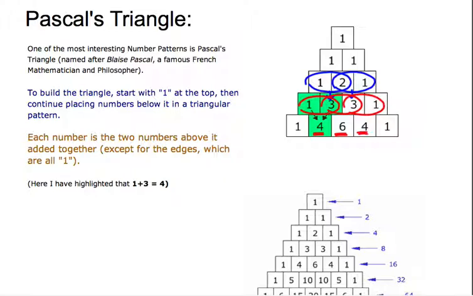So if we continue this pattern with another row, could you tell me what this space right here is? Well, that will be 1 plus 4 is 5.